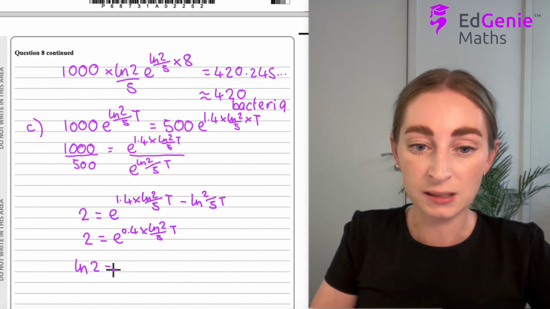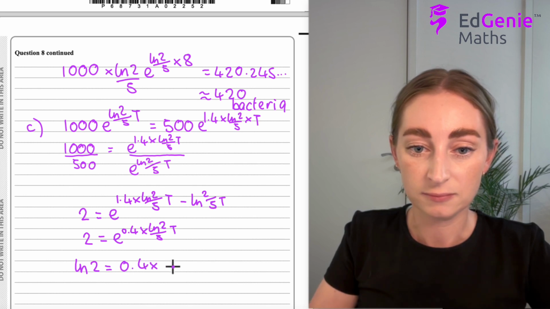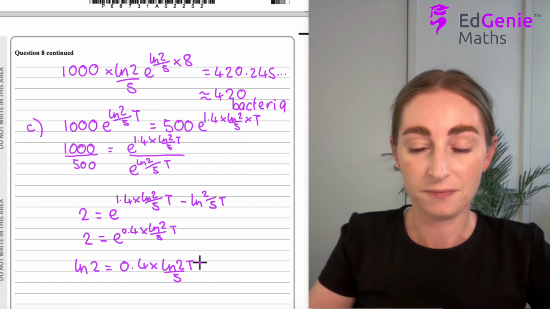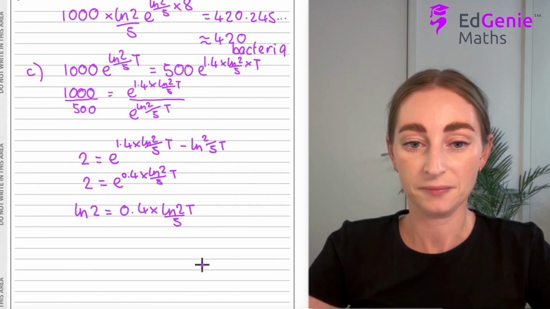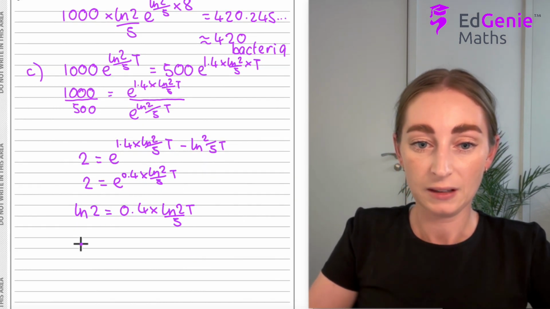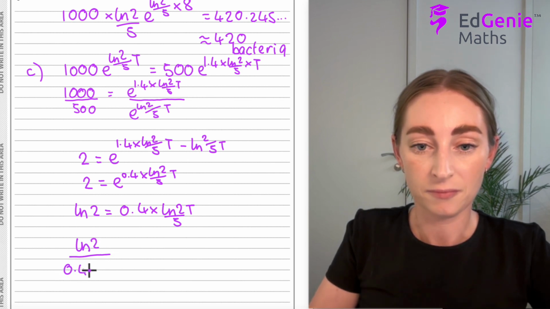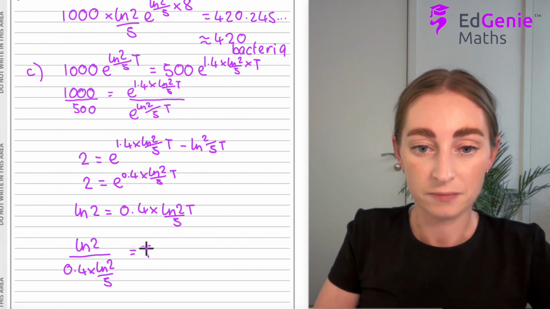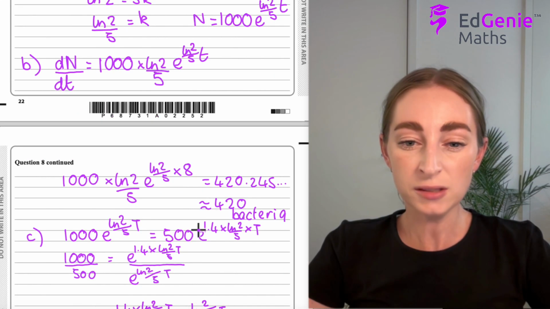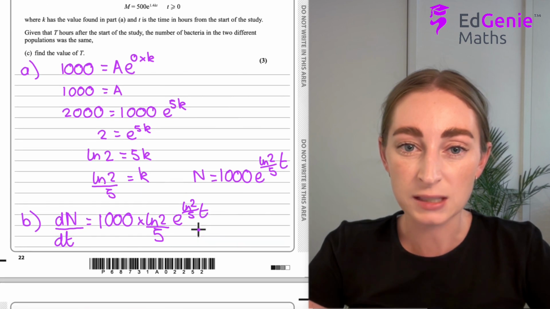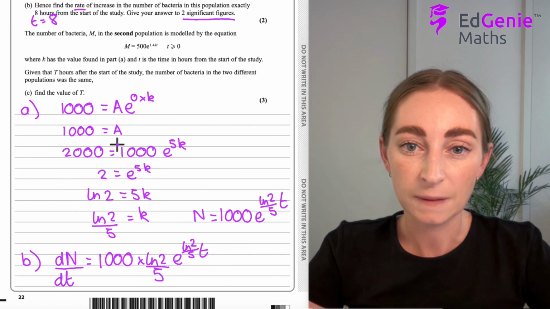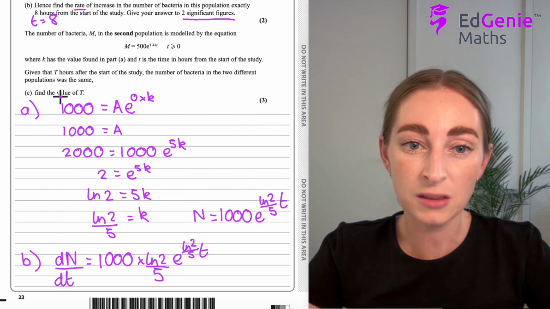Take logs of both sides. Then let's rearrange. And then the question said that I was going to have to round it, didn't it? Given that there's find the value of t.